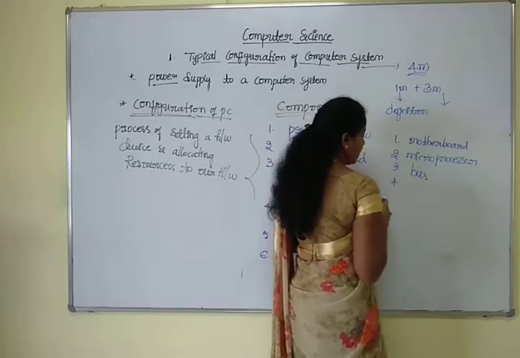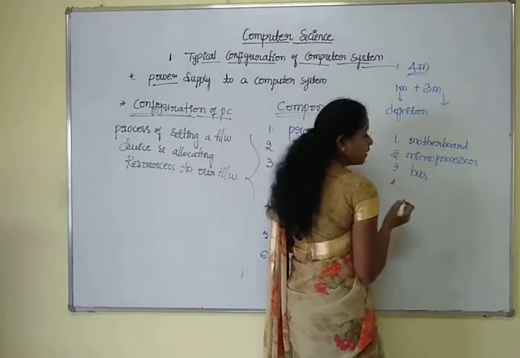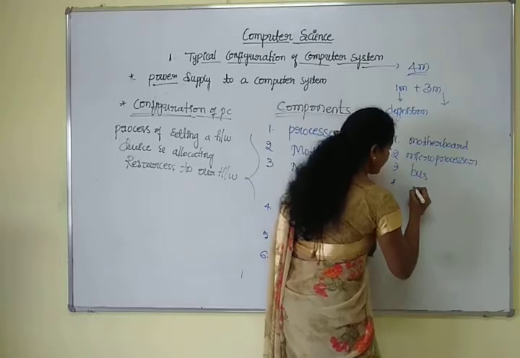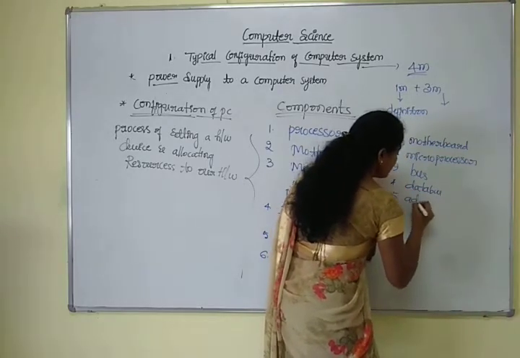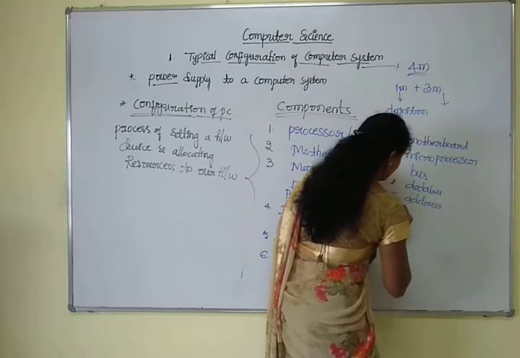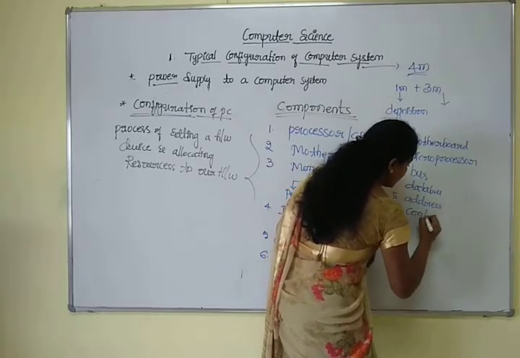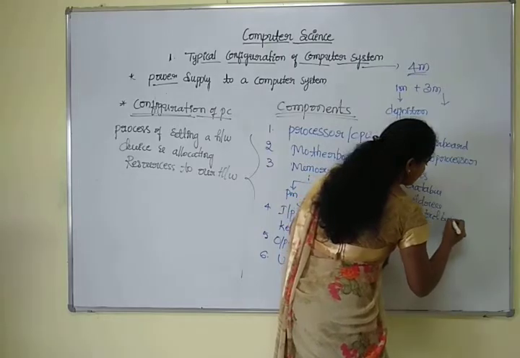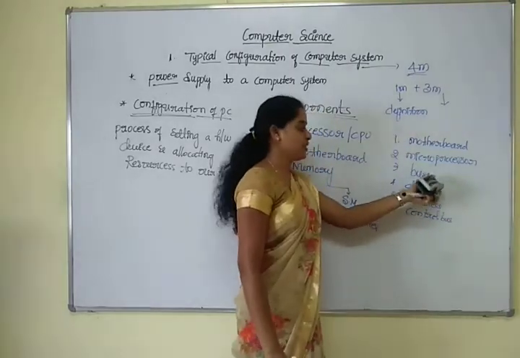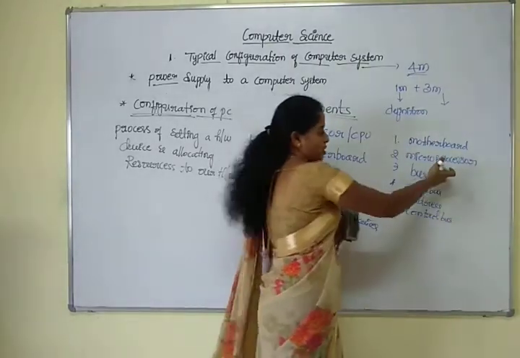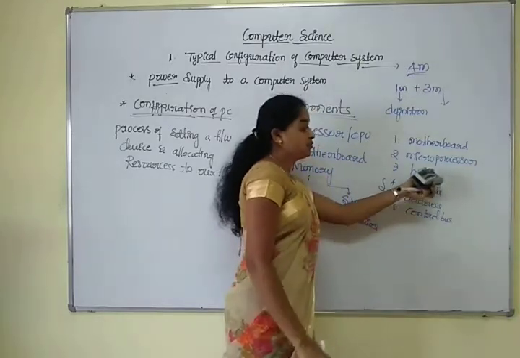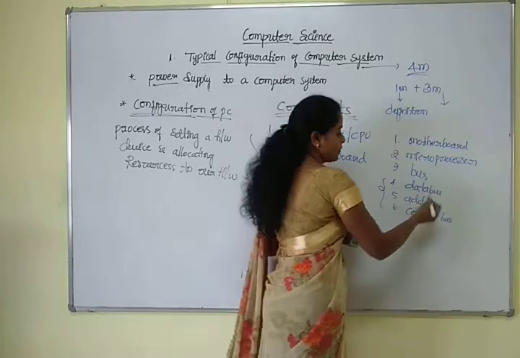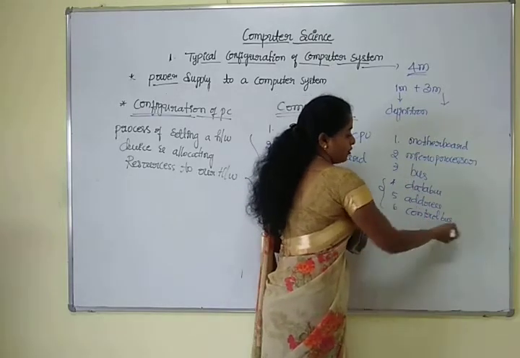Here the three types of bus are also possible for 1 mark: data bus, address bus, and control bus. They ask 1 mark for the bus definitions or its function, or they ask the three types of buses: address bus, data bus and control bus.